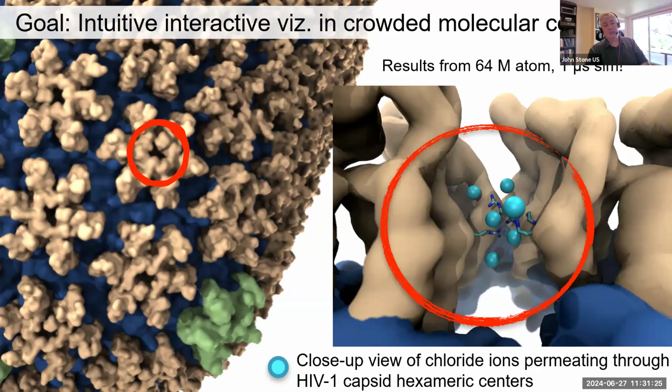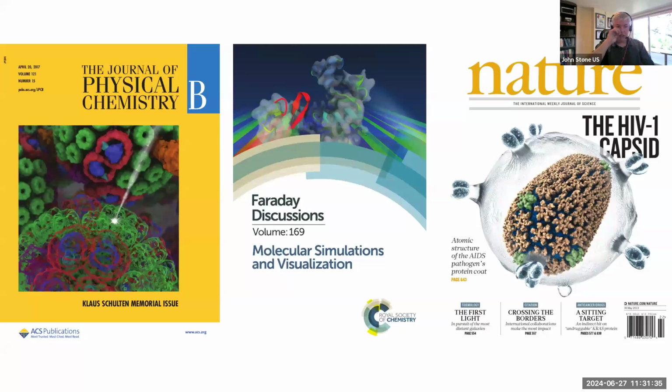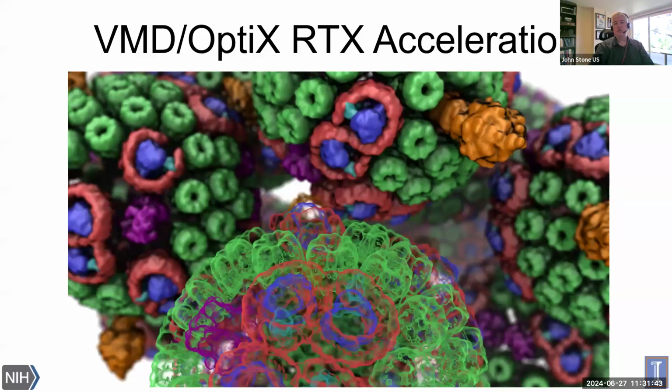So VMD supports all those kinds of 3D input devices. I just make you aware, Space Mouse and Space Navigator are two of the ones that are very popular. So you can use all these things to make nice journal figures and covers. And I would say those are some of the reasons we got into all the ray tracing.